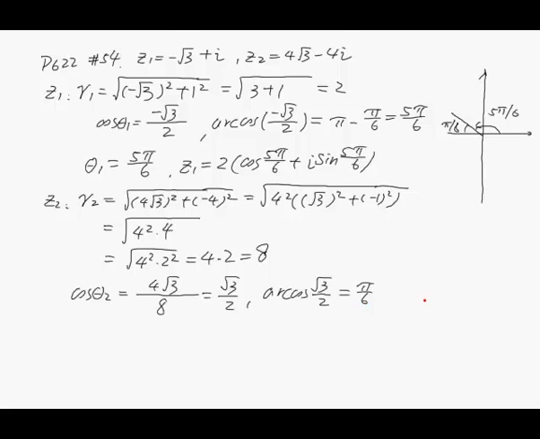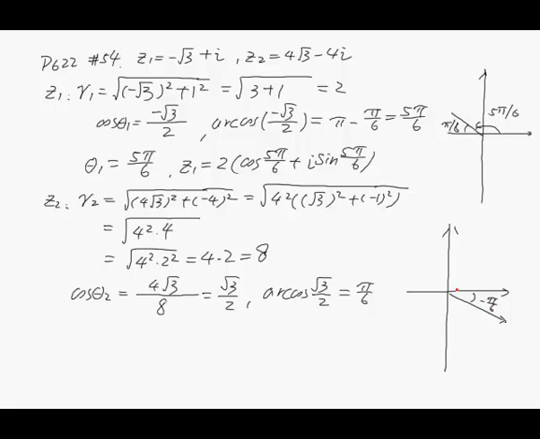Actually, you also need to draw the sketch of this complex number. So this is 4 times root of 3 minus the 4 times I. So it's about here. And this is the negative pi over 6.